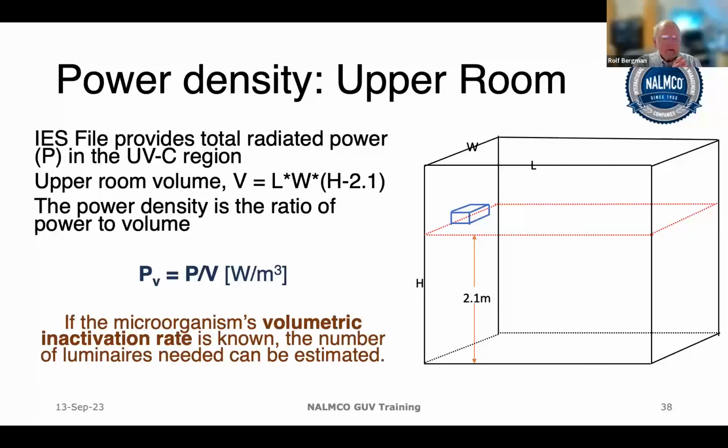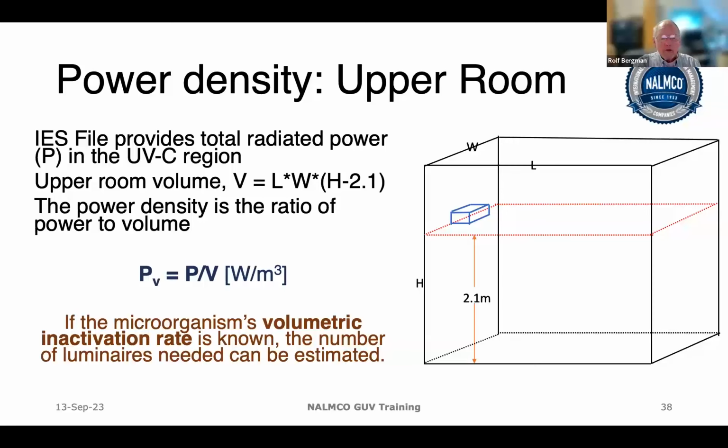Okay, so now we have the total power of the device, which is going to be very useful. In the case above, we had the amount of total radiated power. We can divide that power by the volume of, say, an upper room, and this is the volume above 2.1 meters.